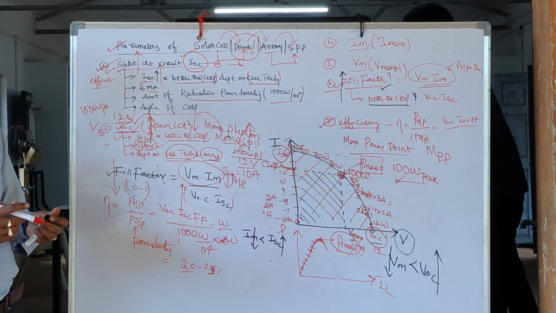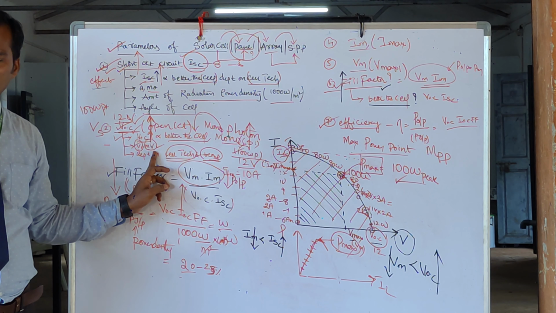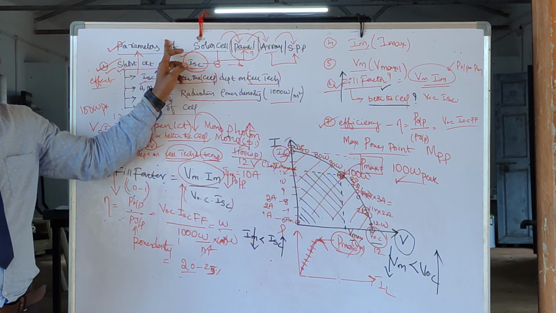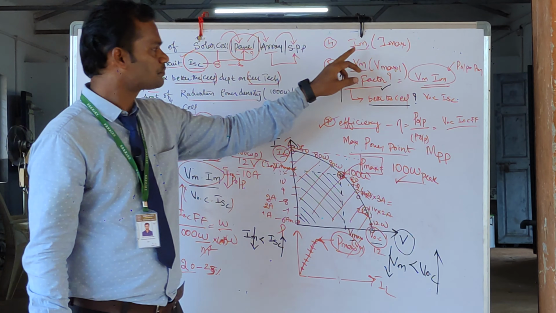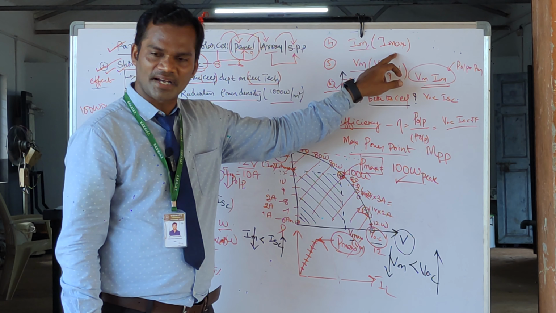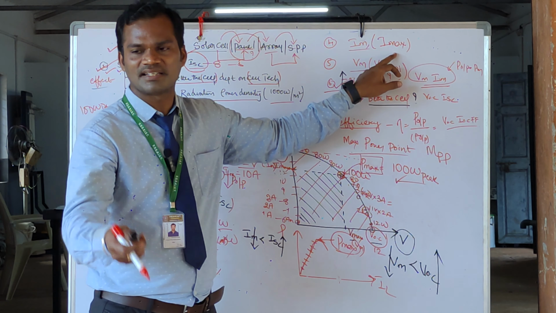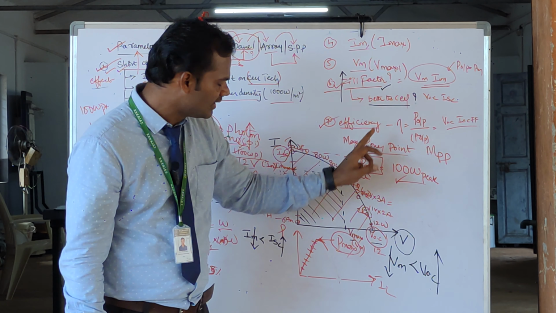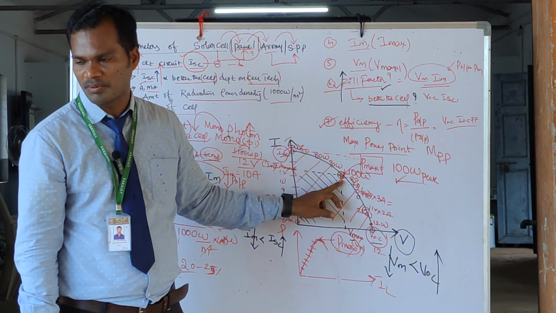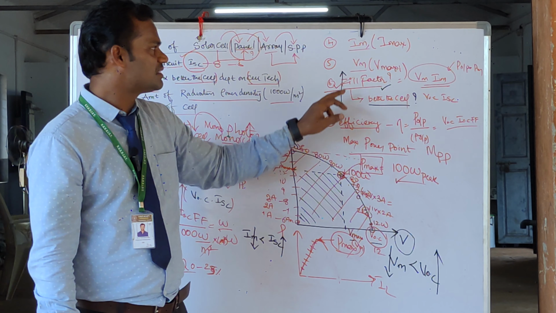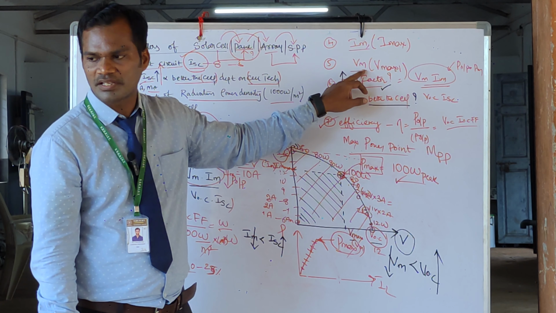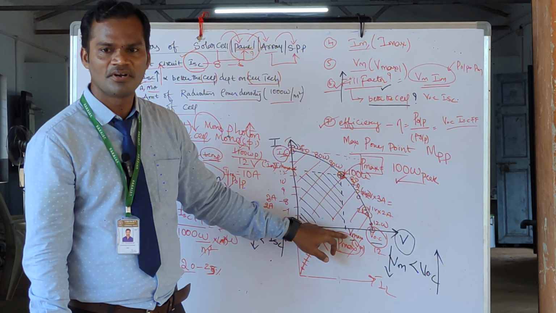Now let's review. What are the parameters of a solar panel? First one is open circuit voltage. Second is short circuit current. Next is the maximum current of the solar panel, the maximum current that can be developed under the condition of P maximum or maximum power point. Then the maximum voltage that can be generated under the condition of P maximum.